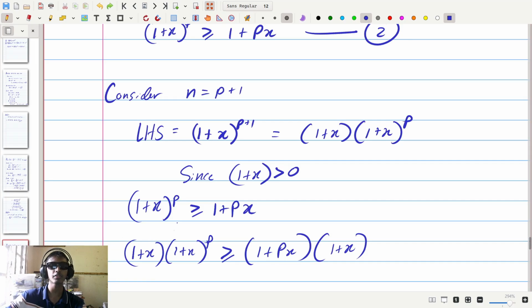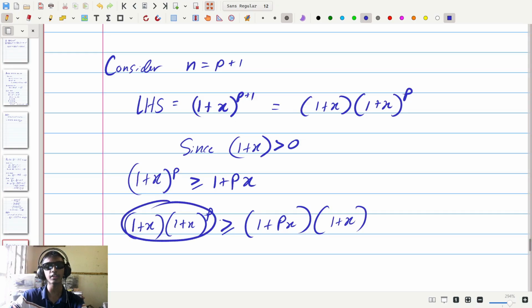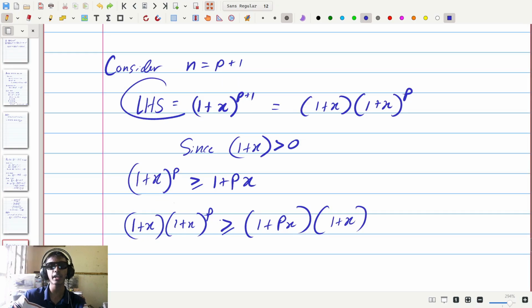Here, since 1 plus x is a positive value, since x is greater than -1, we can do this without changing the sign's direction. Now that we have this, we can see that on the left, this thing right here is exactly what we wanted to find, the left hand side that we intended, which is 1 plus x to the power of p plus 1.